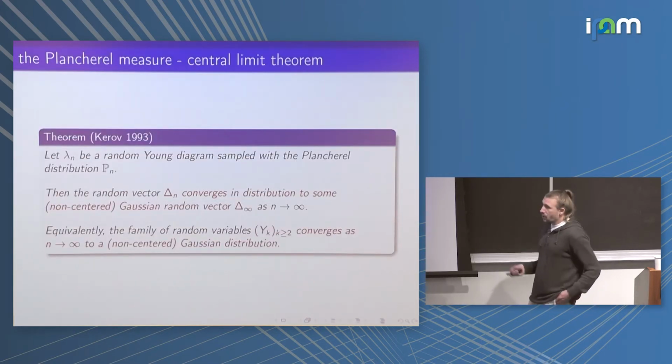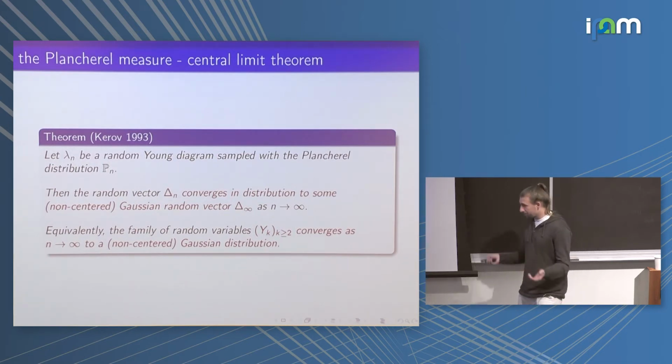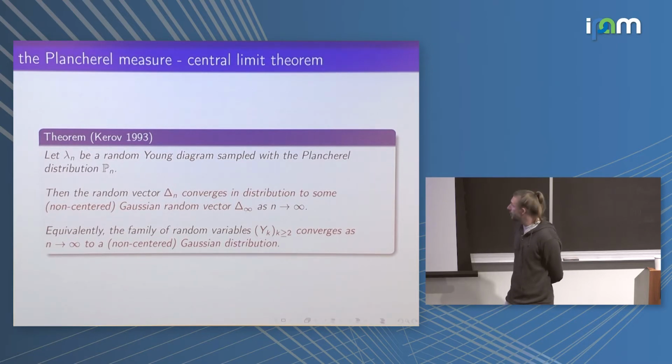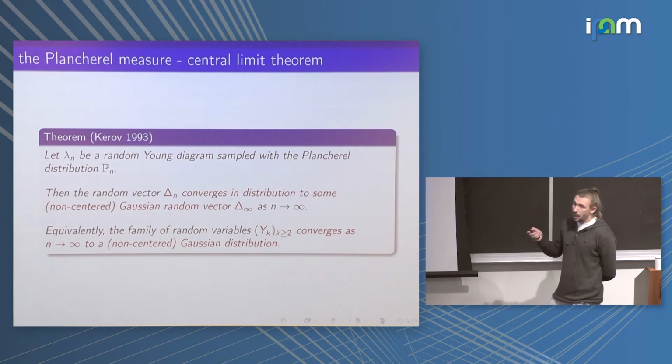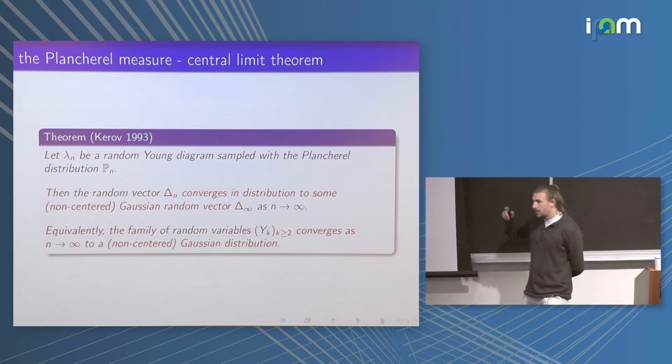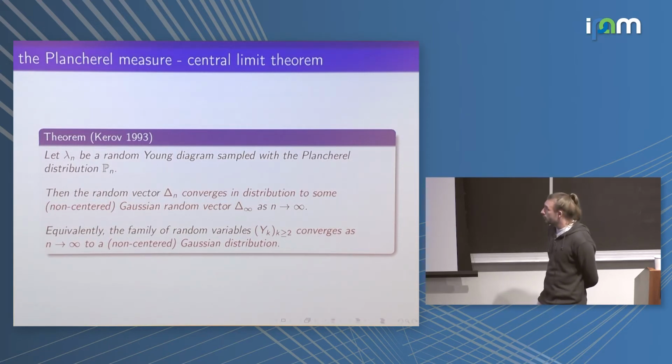And again, going back to our major example, which is the Plancherel measure, Kerov proved, 16 years after the law of large numbers, the central limit theorem for the Plancherel measure. So he proved that indeed, if you take random Young diagrams with respect to the Plancherel measure, then the fluctuations are Gaussian.